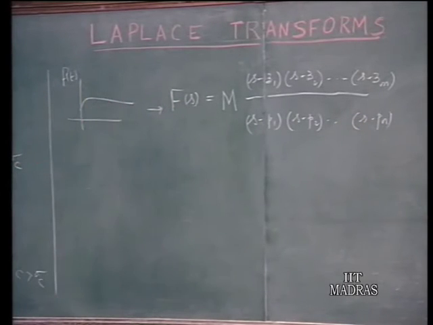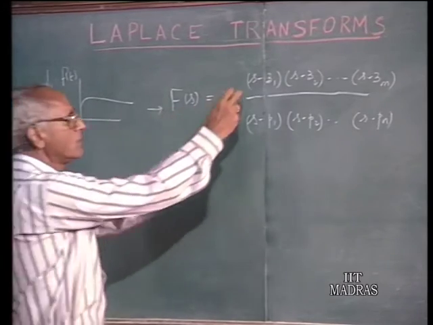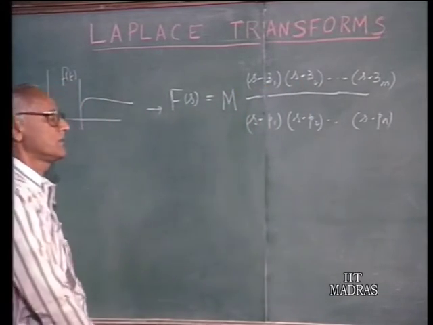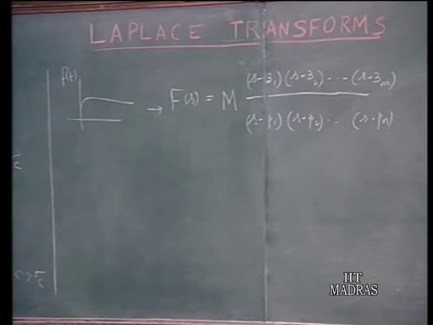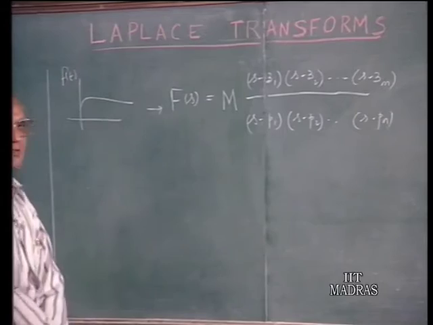Then the Laplace transformation f of s is defined by the values z1, z2, z3, zm, and the values p1 up to pn, apart from the constant multiplying factor m.